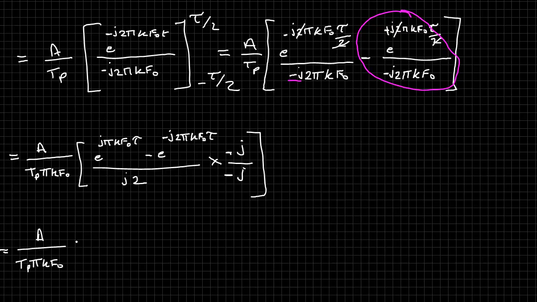So we just write what we had, and now look at the impact of this multiplication with minus j. Should put the second term now at the front because of the two minus signs. So we have this for the first term, and then for the second, because of the minus, we have minus j e to the power of j 2 pi k f naught. So we just rearrange the terms once more.